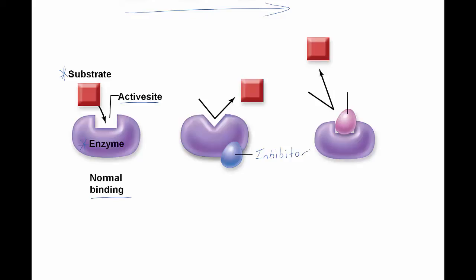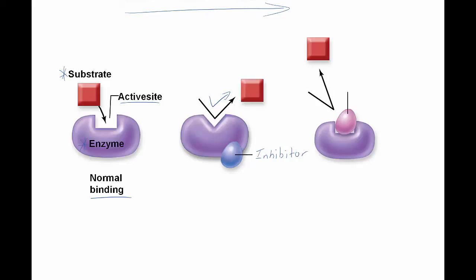And you have to remember that that inhibitor is a product of a metabolic pathway. And what that inhibitor does is it can attach itself to a part of the enzyme other than the active site, but it does actually change the shape of the active site so that the substrate can no longer fit that active site, and an enzyme early in the metabolic pathway can no longer produce a product, therefore the whole metabolic pathway is stopped.